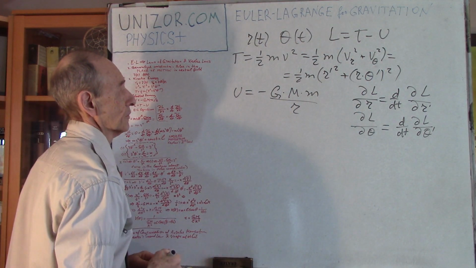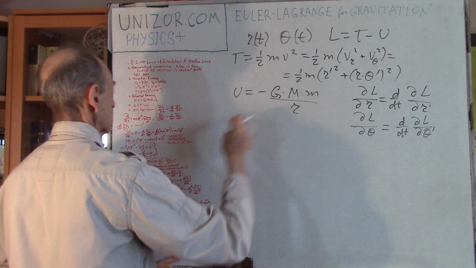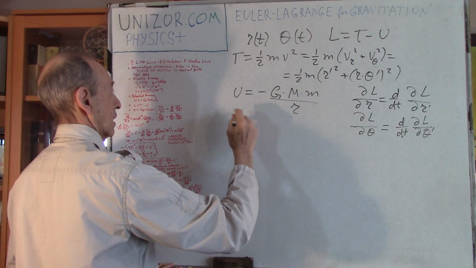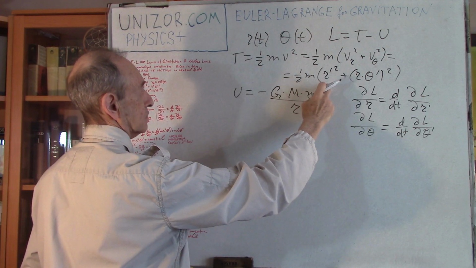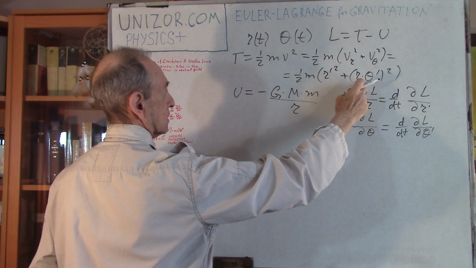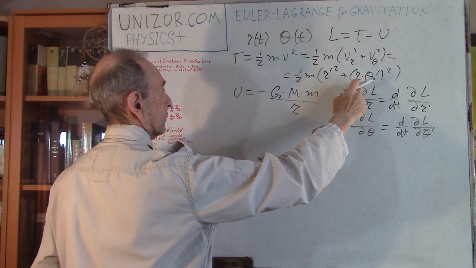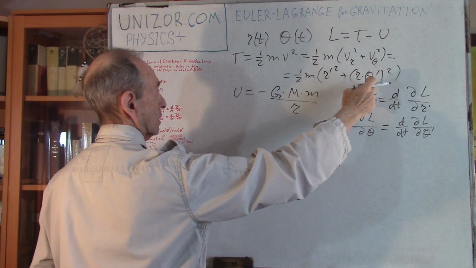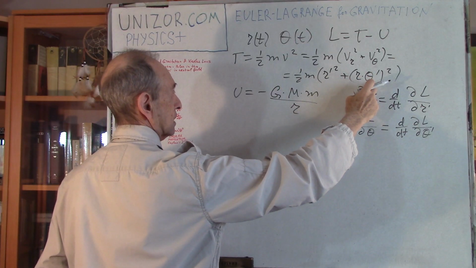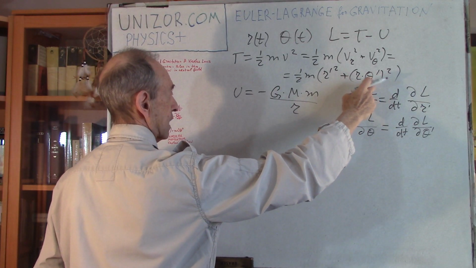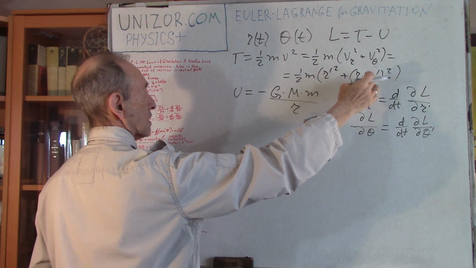Okay, so let's do it by R first. So dL by dr. Okay, so what is it? Now this is independent of R, so this is only dependent. So if we differentiate it by R, R is squared actually, so 1/2 and m will stay, and theta prime squared will stay, and the only thing which will be really differentiated is r squared.